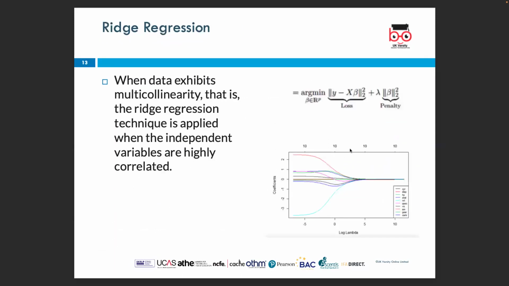And then we have ridge regression. When data exhibits multicollinearity, that is, when the independent variables are highly correlated, the ridge regression technique is applied. We have an image that shows that.